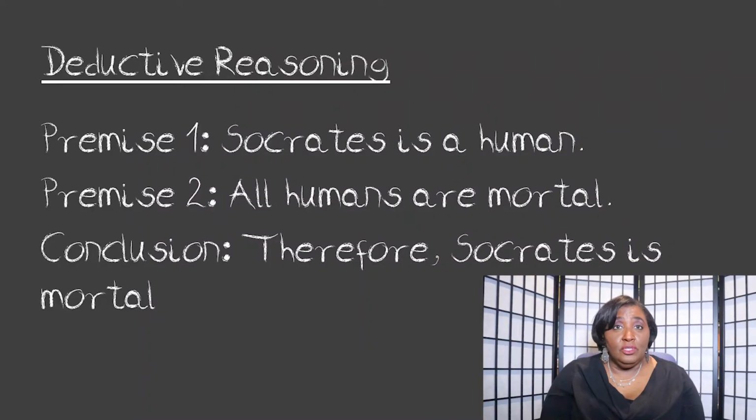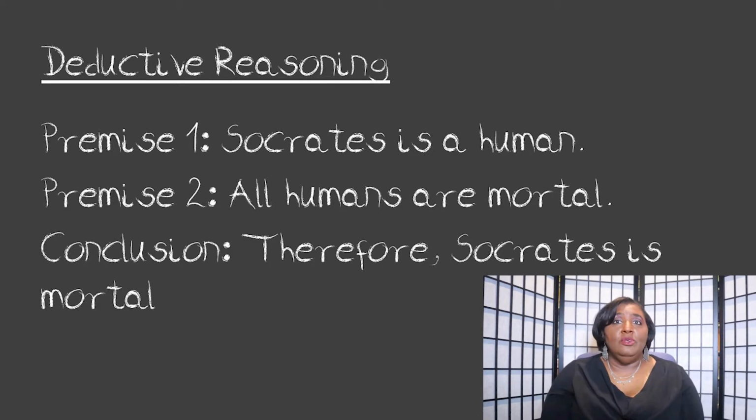Let's look at a commonly used syllogism. We start with the justified premise, Socrates is a human. How can we justify that? Well, while it's probably self-evident, if necessary, we could do a DNA test. Premise 2. All humans are mortal. Is that a justified premise? Yes.